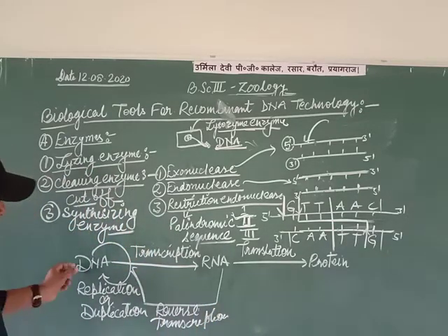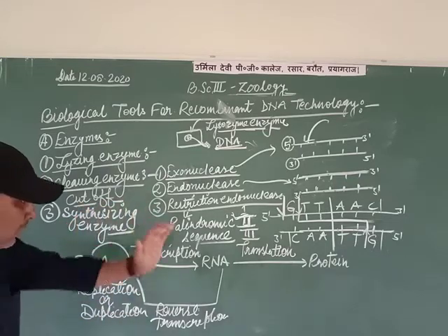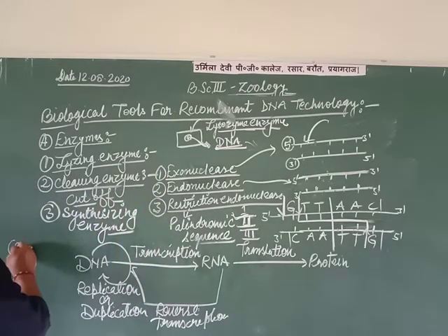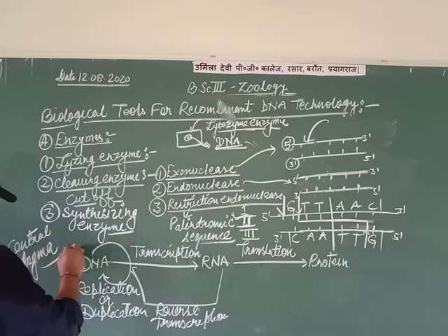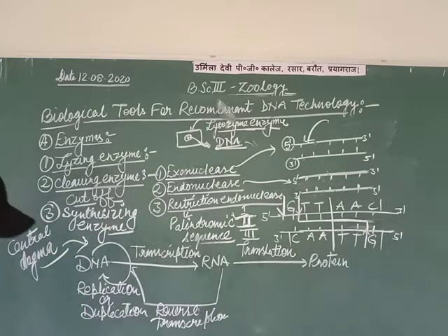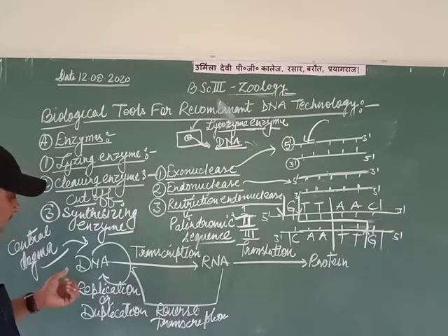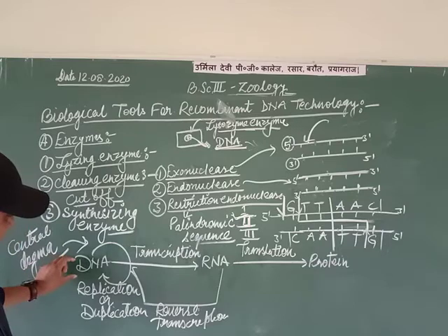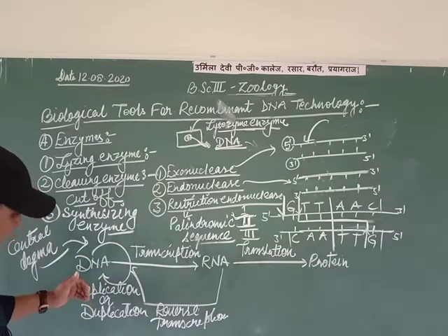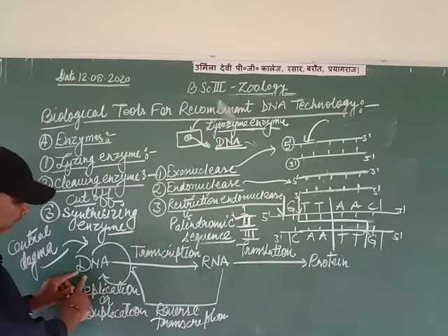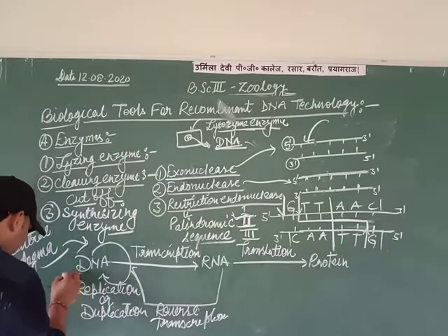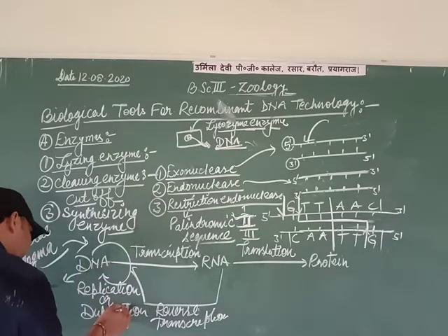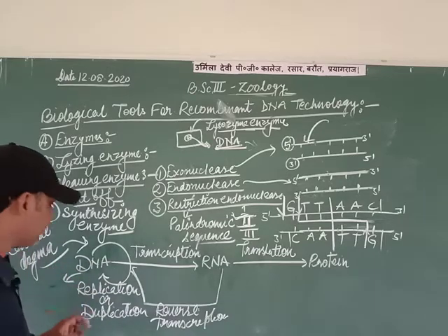So all the processes which are going on are called the central dogma, which is very important in biology, particularly zoology. DNA to DNA form is carried out with the help of the enzyme DNA polymerase on the DNA template.